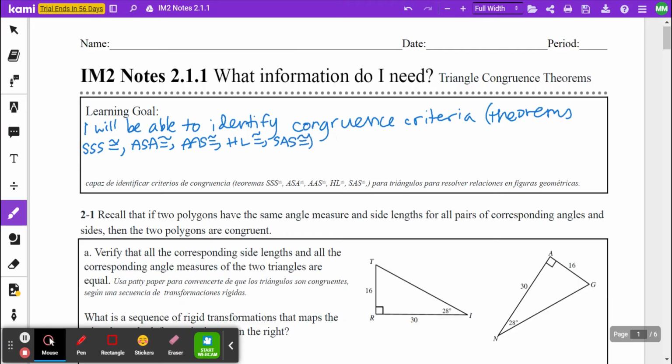And that's all of them. And we're going to identify that congruence for triangles, to solve relationships in geometric figures.